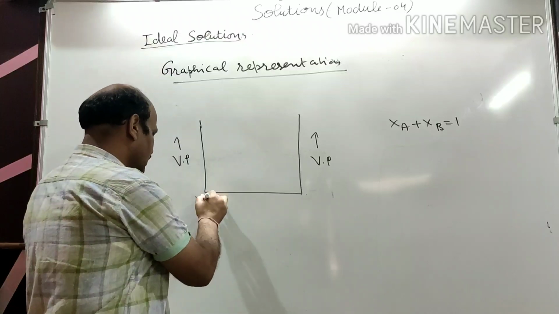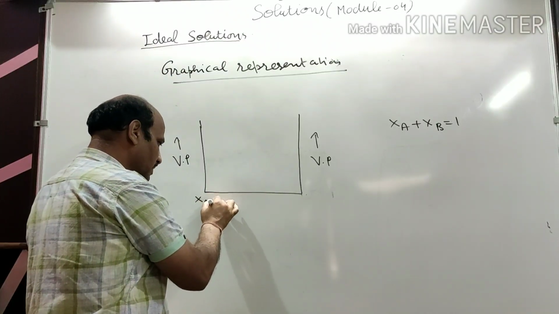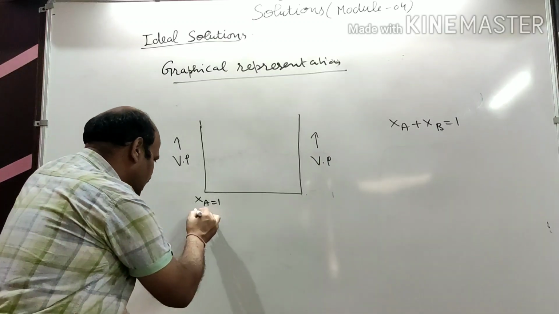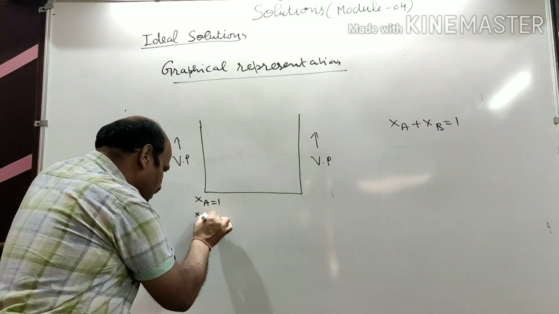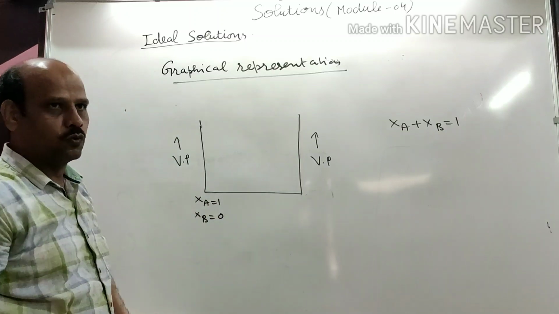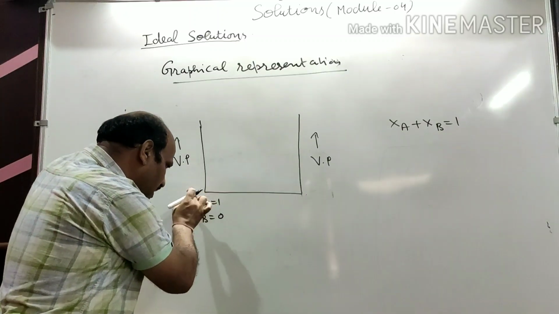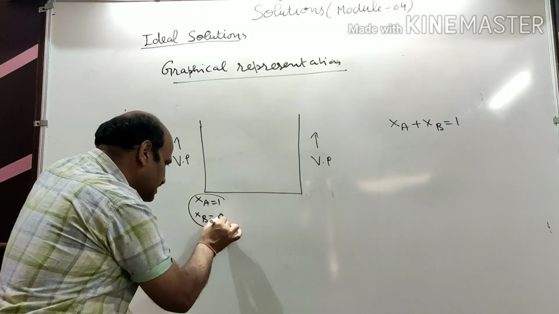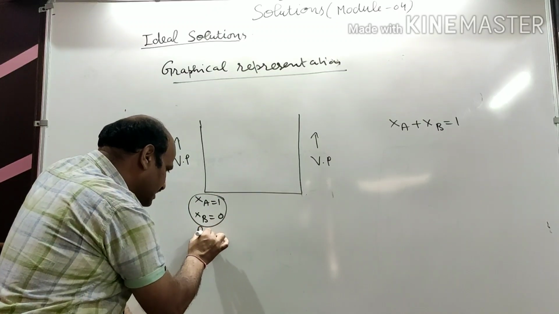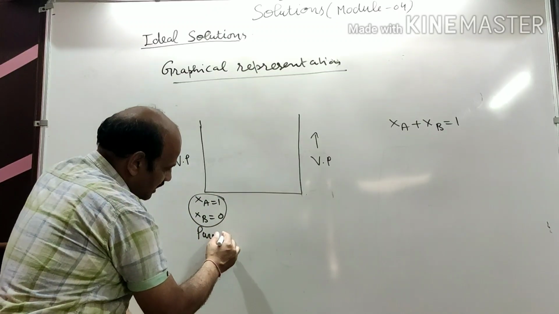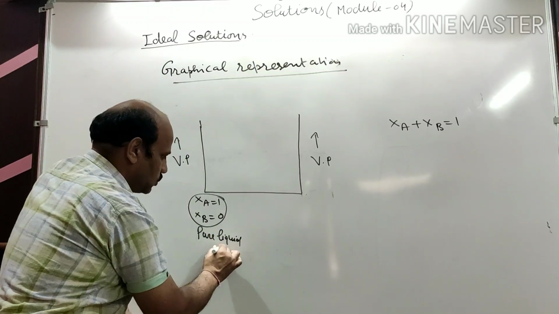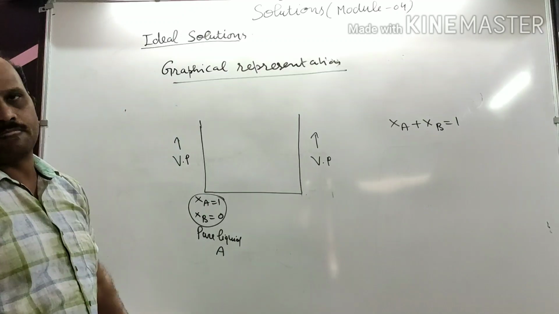Now if here we put XA is equal to 1 here. In such case, what will be XB? 0. Or you can say only one component will be present here. At here, there is a pure liquid A present. Solvent is present here, pure.